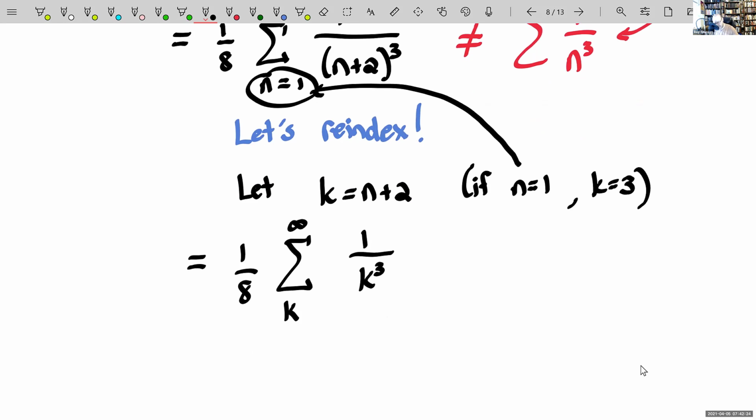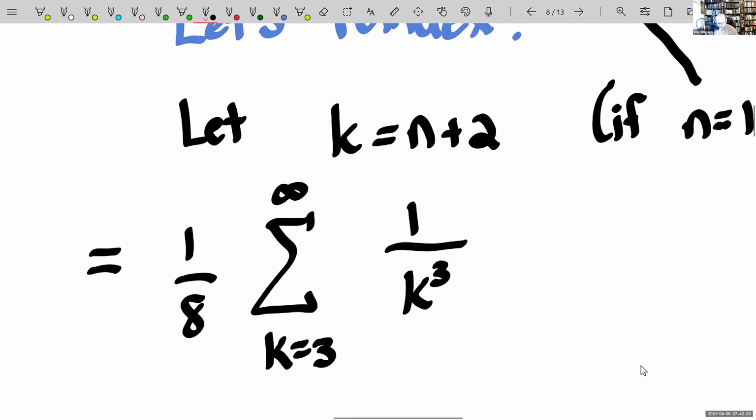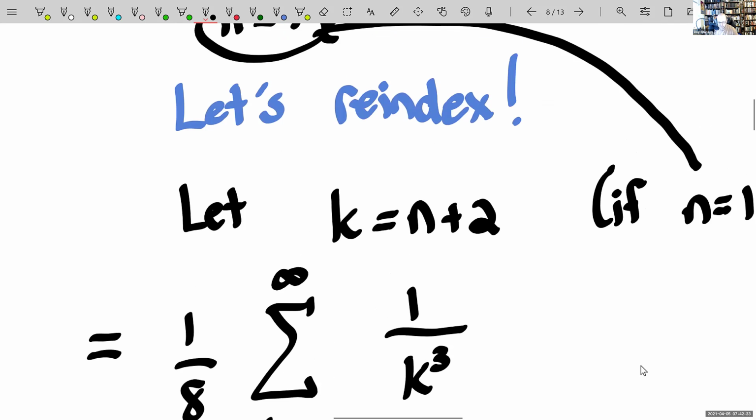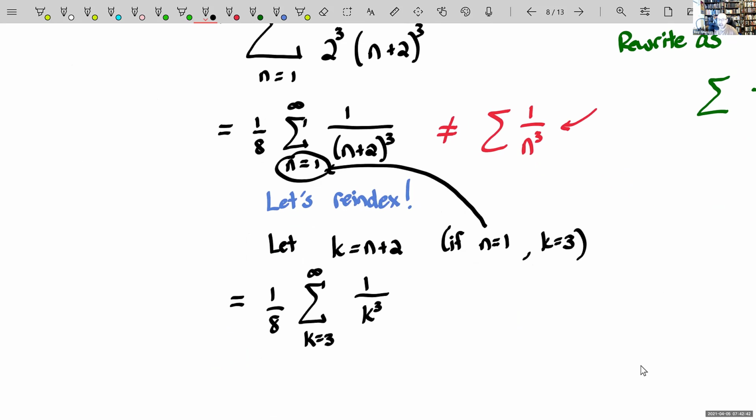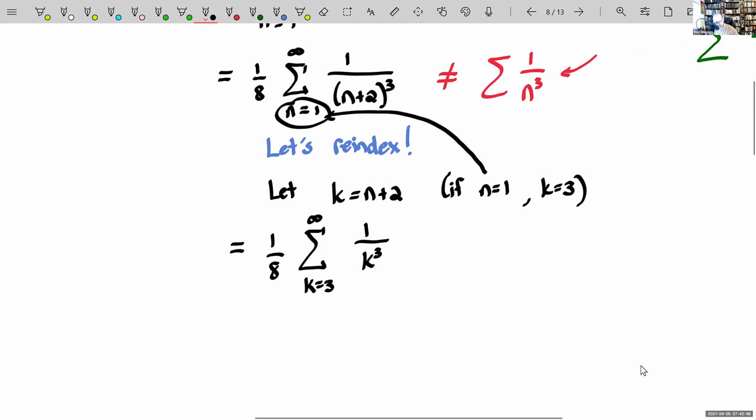So I'm going to start at 3 and go to infinity. You can double check, by the way. If k is 3, I have 1 over 3 cubed. If k is 4, I have 1 over 4 cubed. If n is equal to 1, I have 1 over 3 cubed. If n is equal to 2, I have 1 over 4 cubed. It's the same exact summation, but now I have it written in such a way that I can say, yep, by the p-series test, this will converge.